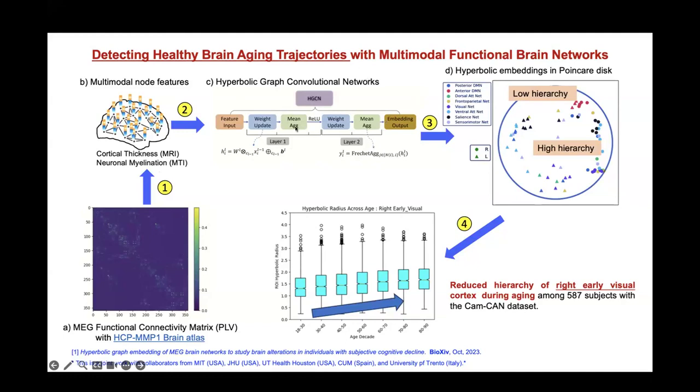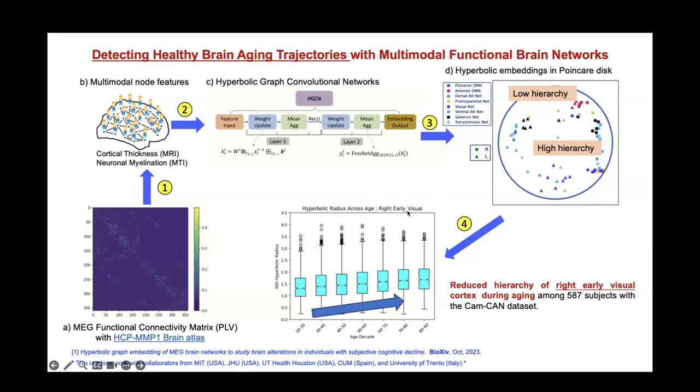And we input these node features and also the brain adjacency matrix into the hyperbolic graph convolution neural network to generate the human brain network embeddings. And we want to quantify the hyperbolic radius changes over age decades. 7 different age decades, and every age decade we have around 85 subjects.